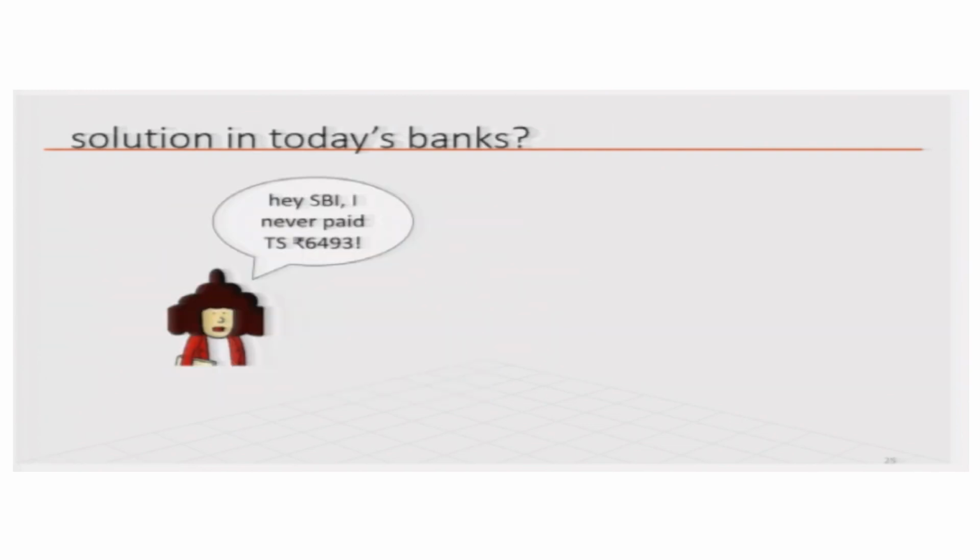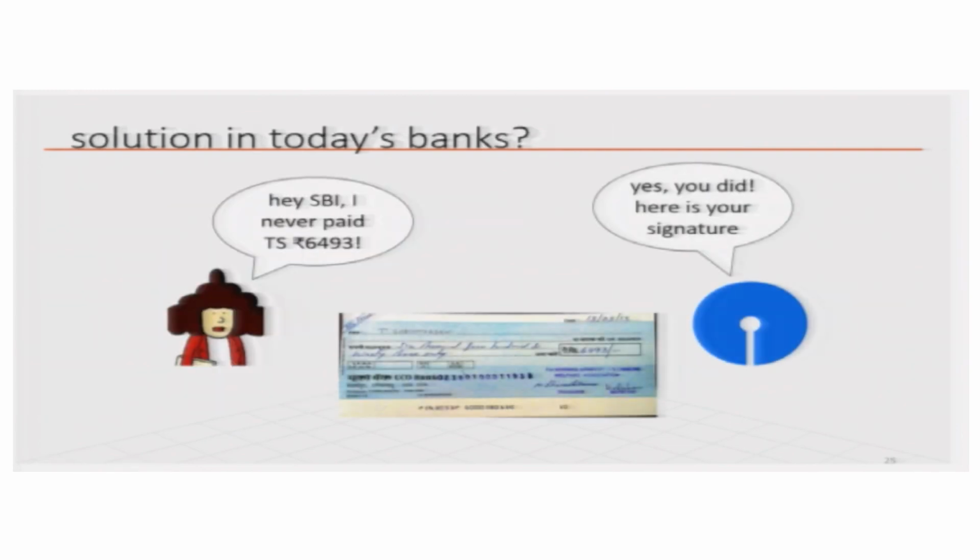What do you do in today's bank case? The bank comes back to you and says, look, here is the check you signed, this is your signature, we verified your signature, and therefore you cannot repudiate. In the case of internet banking, you say, look Carol, this was done from your account, you used the username, password and OTP, and therefore it is you, right. That is how banks handle repudiation cases.